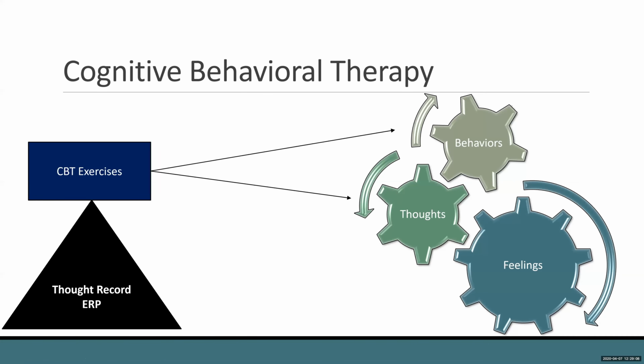So now we're just going to briefly talk about cognitive behavioral therapy. Cognitive behavioral therapy, as I discussed a little bit in the very beginning, is this idea that our thoughts, behaviors, and feelings are sort of in this web, if you will.